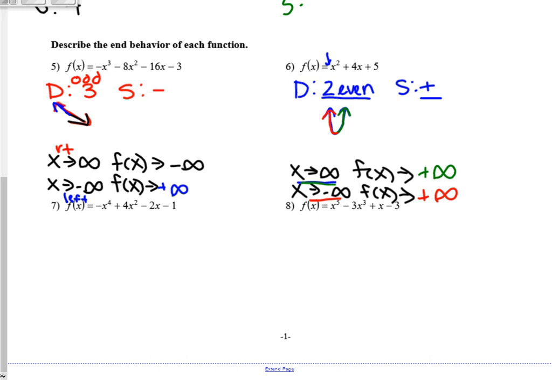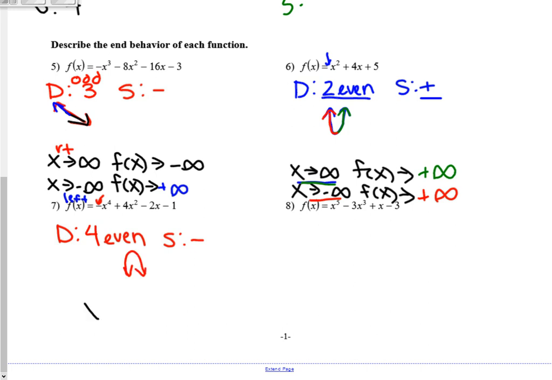Number 7, my degree here is going to be a positive 4, my biggest exponent, which tells me I have an even, so I'm going to think of a quadratic again. My leading coefficient on this one has a sign that is negative because my leading coefficient's negative 1. So I would think of a quadratic since it's negative, opening down.